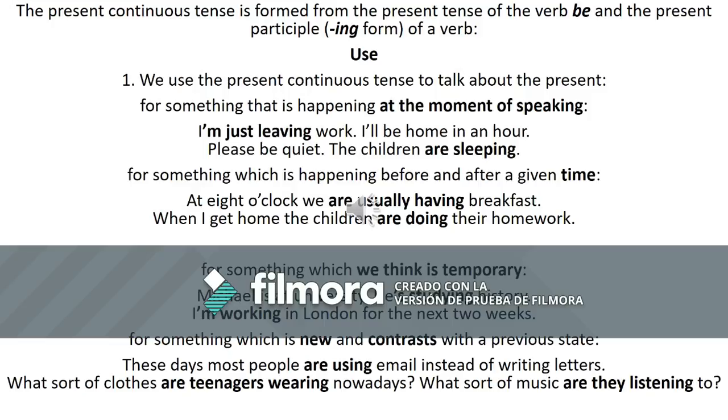For something which is a new and contrasts with previous state. These days, most people are using emails instead of writing letters. What sort of clothes are teenagers wearing nowadays? What sort of music are they listening to?